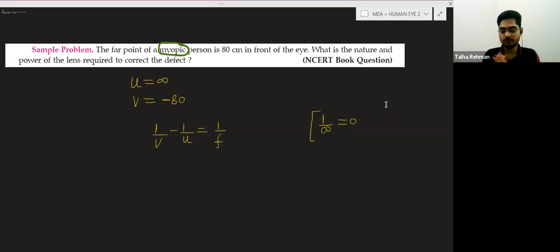This is a very easy question. Better try to solve the question by yourself, because in examination you have to solve the question.